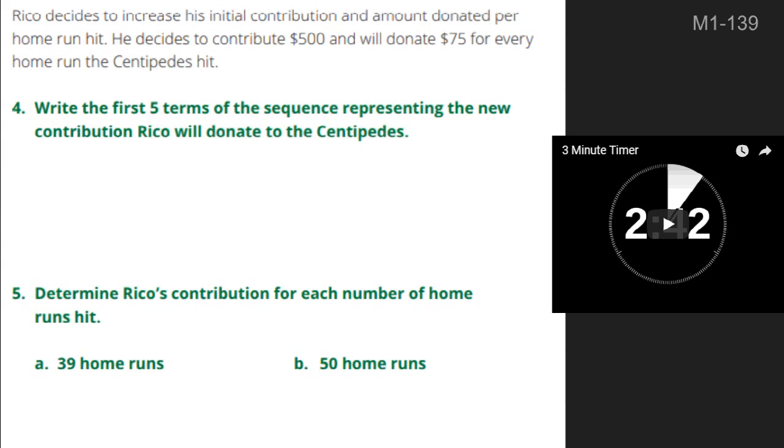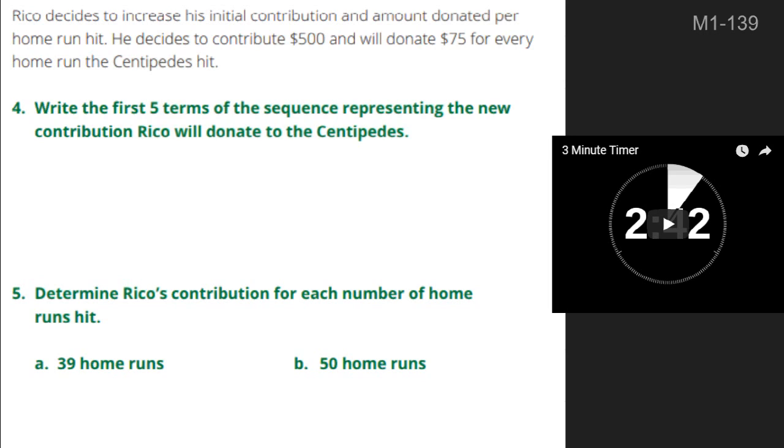So you need to first do the first 5 terms in the sequence, and then write a formula to find the 39 home runs and the 50 home runs. Well, you're going to want to write an explicit formula because you don't want to have to put out 50 terms to get that 50 home runs.